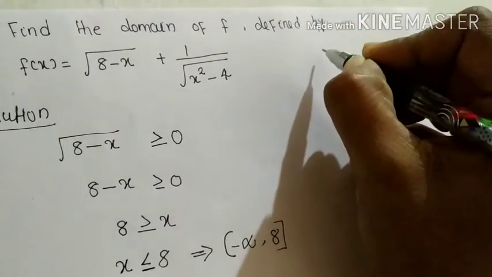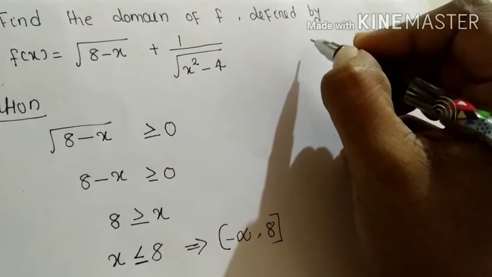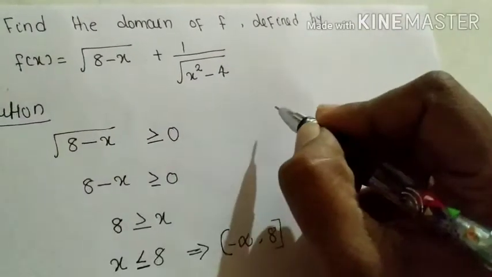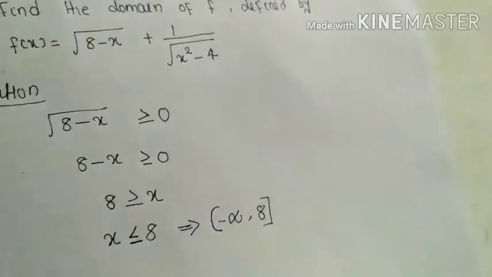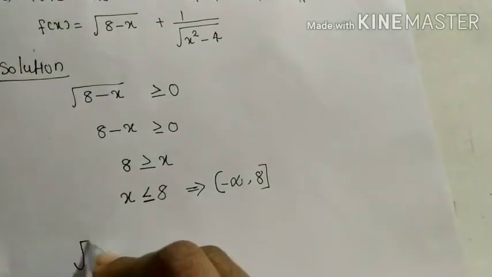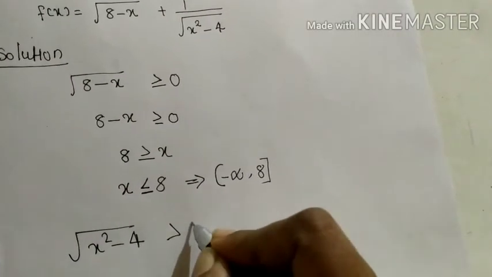In any fraction, the denominator cannot be equal to 0, right? So we cannot write the equal to term here. I am going to write root of (x square minus 4) is greater than 0.